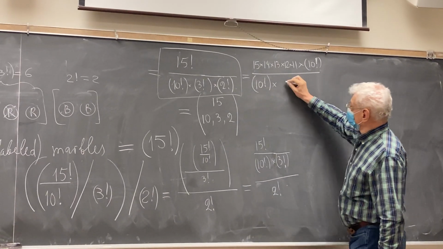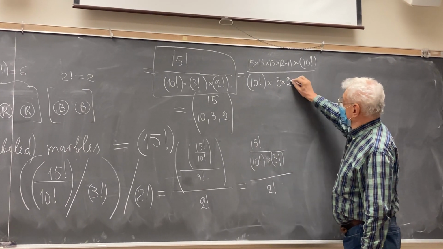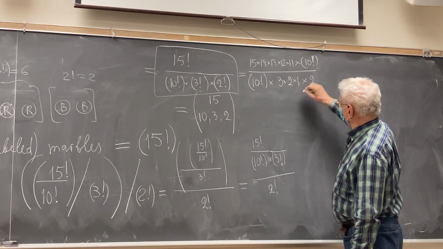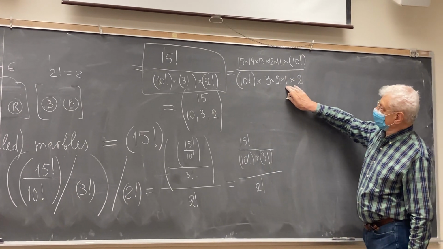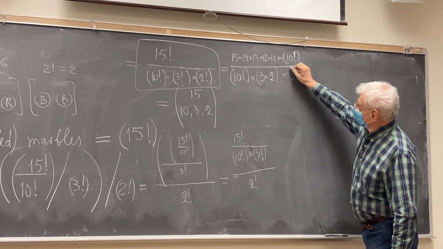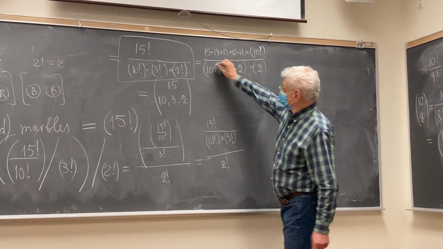And then 3 factorial, you can write 3 times 2 times 1. And then 2 factorial is just 2. Actually, by the way, the 1 you do not need to write if you multiply. So it will be 3 times 2, 10 times 2. Okay, so that number you have to calculate.